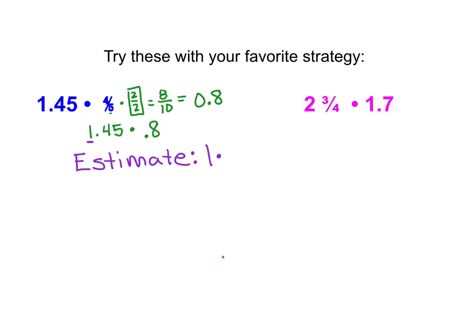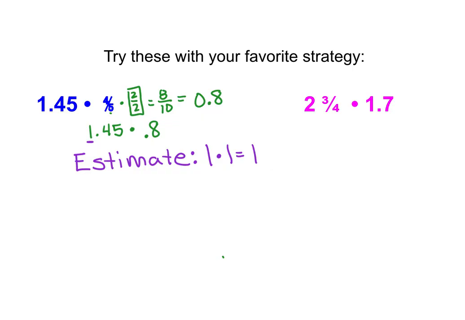And I don't know if you remember from the last unit where we did this, but whenever you have a number with no whole numbers, just a decimal, we always round it up to 1 because we don't want an estimate of 0, right? And anything times 0 is 0. So we have 1 times 1, our estimate is going to be close to 1. But we know that it will be bigger than 1 because 1 and 45 hundredths is bigger than 1.